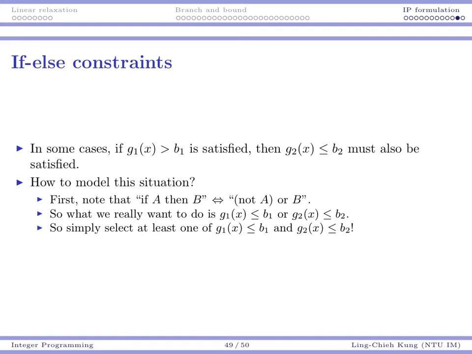And then if you want to satisfy this, all you need to do is to negate this statement. And then you want to do either this or that. Or you just want to select one out of these 2. Then you know how to do it.